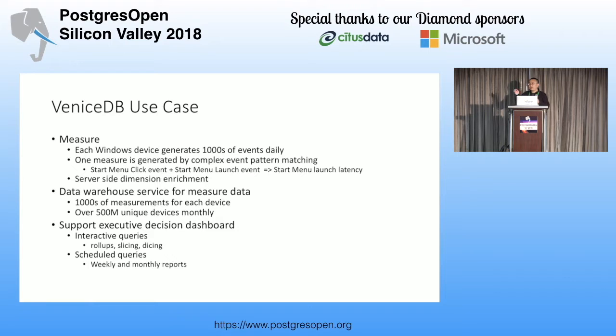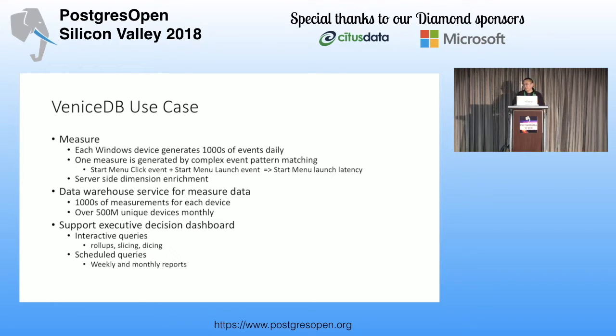And while we calculate the metric value, we also enrich it with a lot of dimensions, because we know which build of Windows is running, and what the hardware characteristics of this device are, like hard drive or SSD, and what the processor family is, and all that kind of stuff. So we have lots of server-side enrichment for the dimensions.